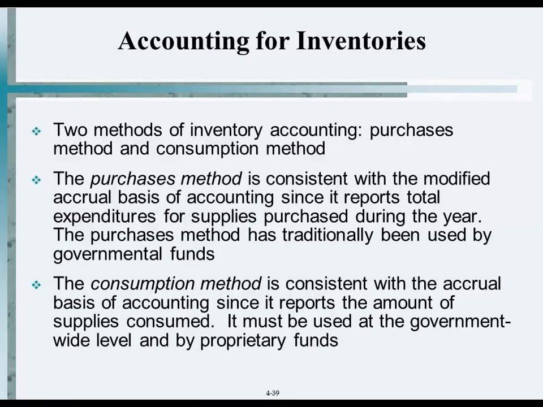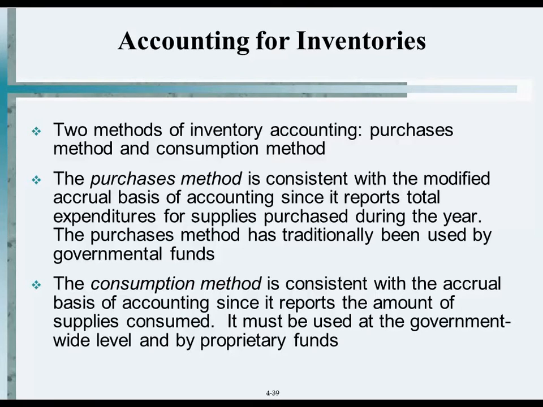That's one way governments deal with this, exactly that way. And that method is called the consumption method. It's used in the government-wide statements, using a perpetual inventory system. That's the consumption method. See how? Exactly that way, exactly what you just said.